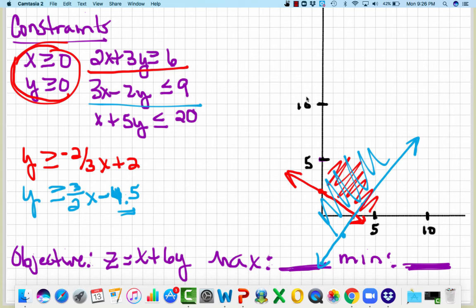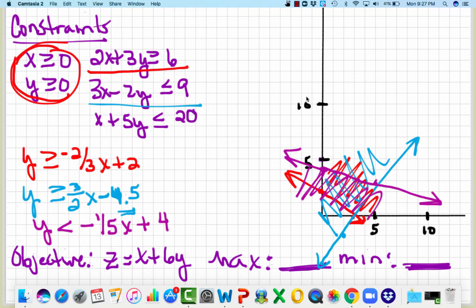And then my last line, if I solve for y as an inequality, I would get y is less than or equal to negative 1/5 x plus 4. So that's going to start me at 4, and then my slope is going to go down 1 over 5. And that's going to give me this line. And I was less than or equal to that line, so that gives me this.